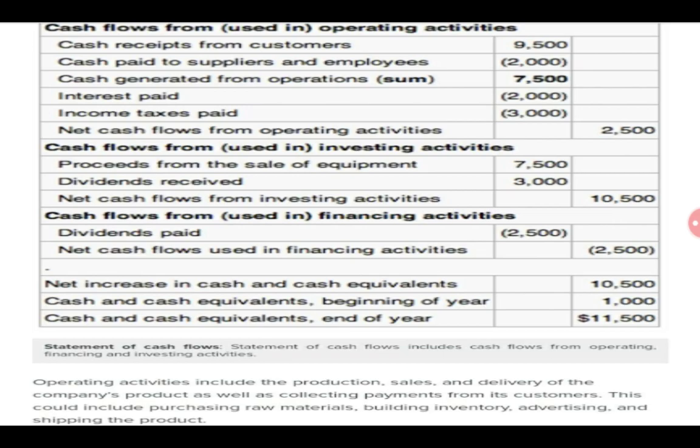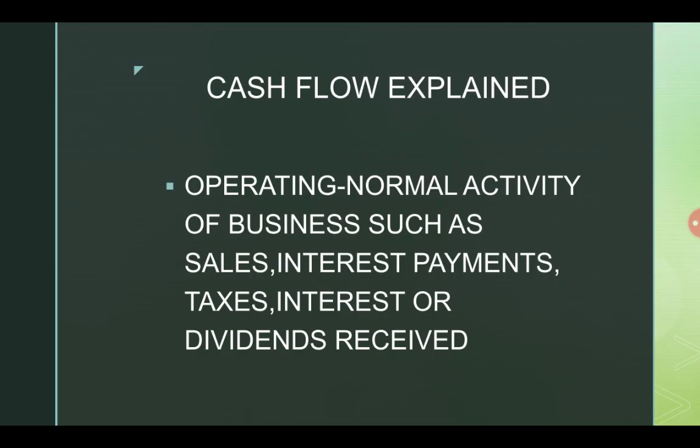I just wanted to show you quickly what a statement of cash flows looks like, and explain the different sections of the statement. The first part is the operating activities.